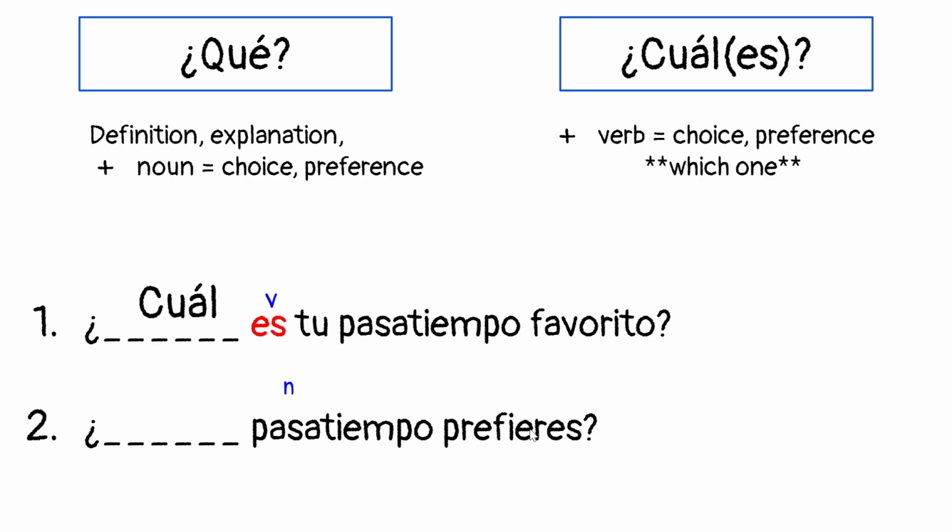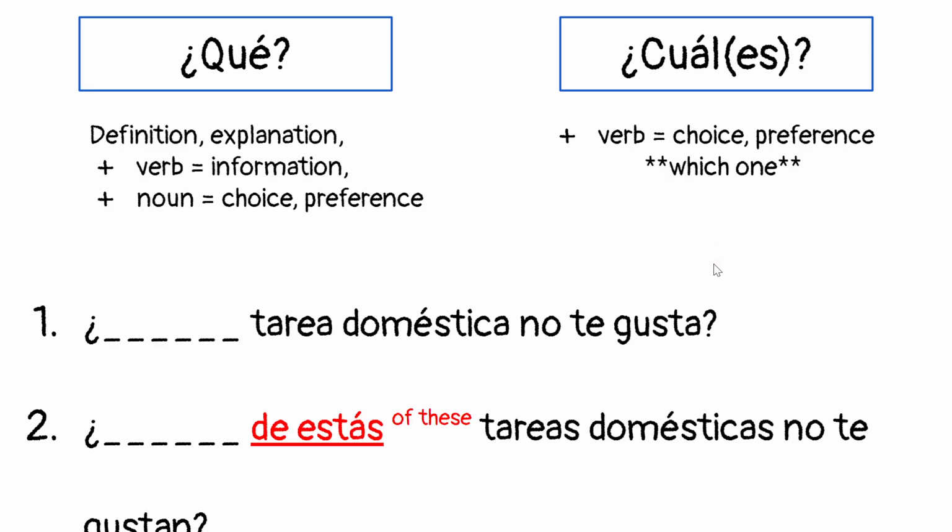Blank pasatiempo prefieres, blank pastime do you prefer? I have a noun here, so use qué. ¿Qué pasatiempo prefieres? What pastime do you prefer? We're still making choices, right? Okay. In order to use qué to make a choice, it needs to be followed by a noun. To use cuál as a choice, it needs to be followed by the verb es or son. Okay. Blank tarea domésticas no te gusta.